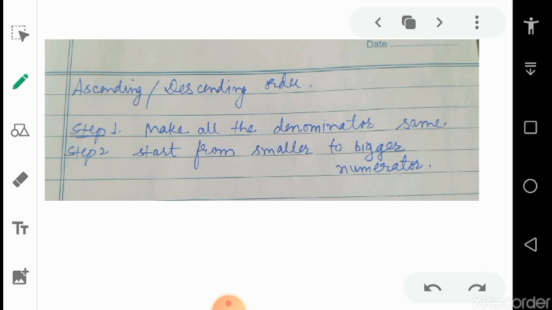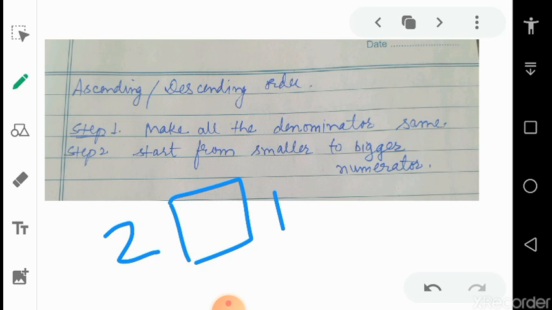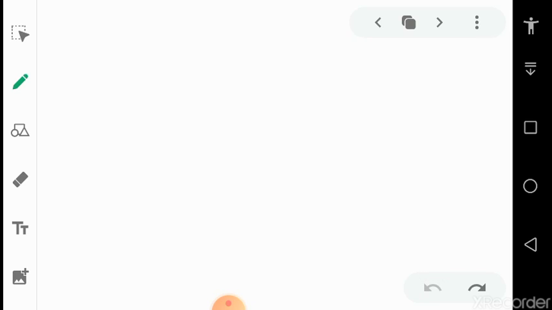For example, if I write 2 and 3, then which symbol do I use here? That is, 2 is smaller than 3. Again, if I write 1 here, what symbol do I use? Bigger than 1. So these are the mathematical operators. As for addition and subtraction, we use plus and minus signs. Simply for bigger and smaller numbers, we use these signs. Now you have to remember both these steps.